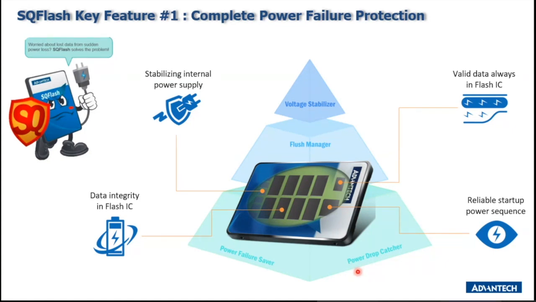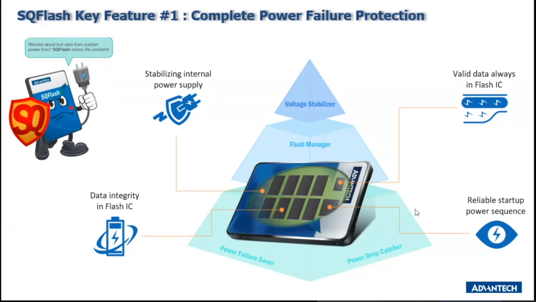It handles glitches from voltage drop and ensures a very smooth and reliable startup power sequence. In some situations, the power supply could drop very sharply in a short period of time.